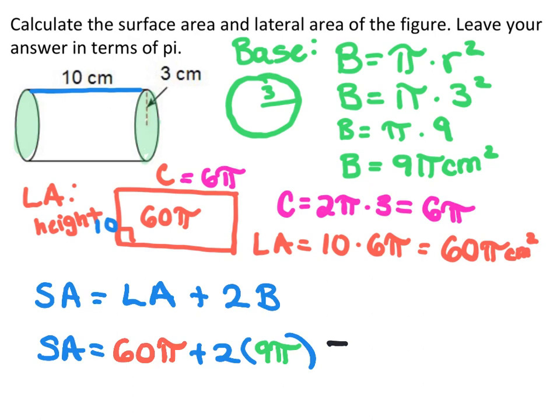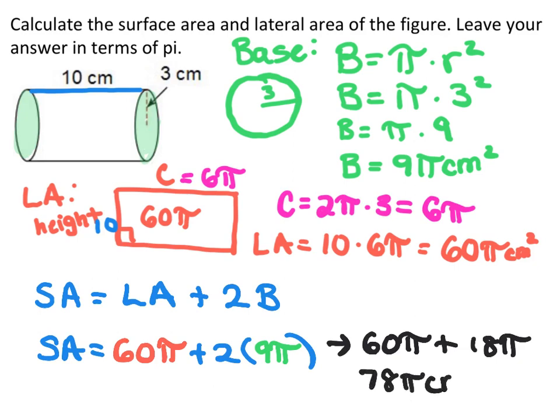Simplifying, that gives me 60 pi plus 2 times 9 pi, which is 18 pi. Combining like terms, the 60 and 18 combine, so it becomes 78 pi centimeters squared as our final surface area.